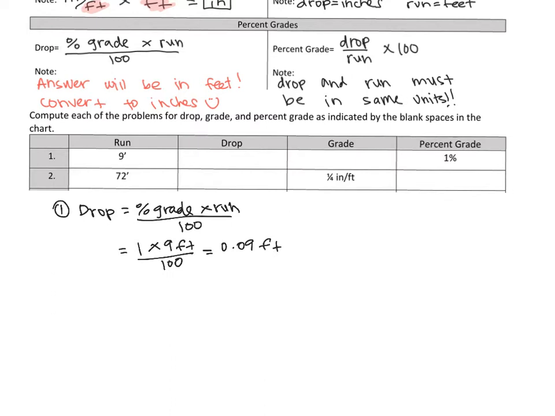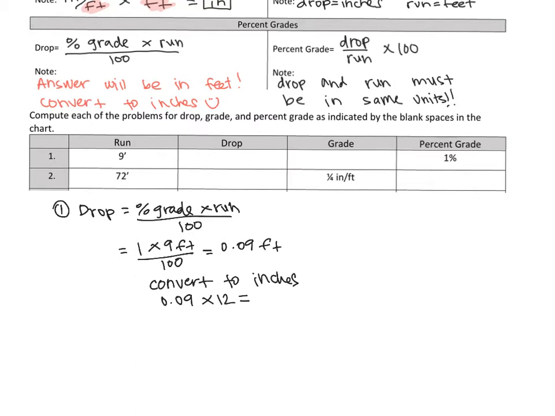So yes, that is the answer, but we said in our note that the answer will be in feet. We want to measure our drop in inches. So whenever you're converting feet to inches, on the construction calculator, it's really easy. You just hit 0.09 feet, convert inch. If you don't have that, then you multiply by 12. So 0.09 multiplied by 12.